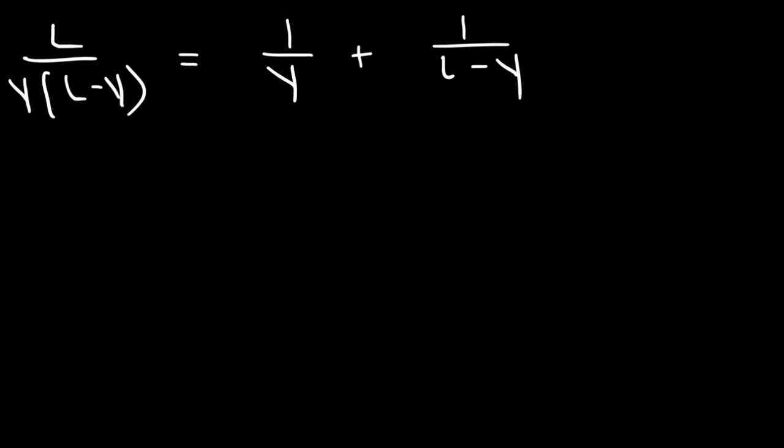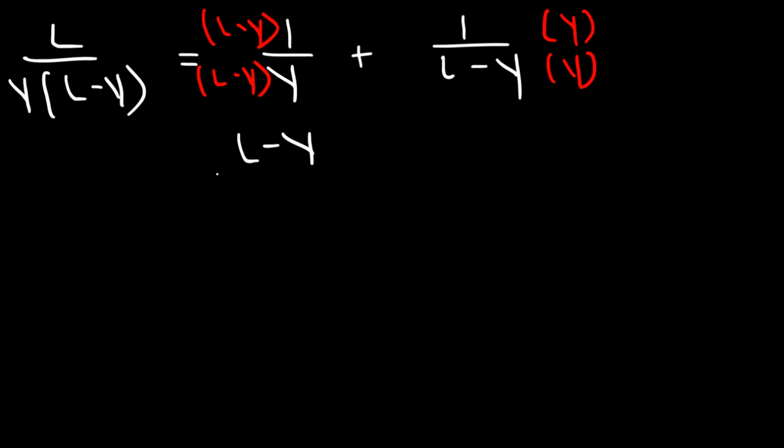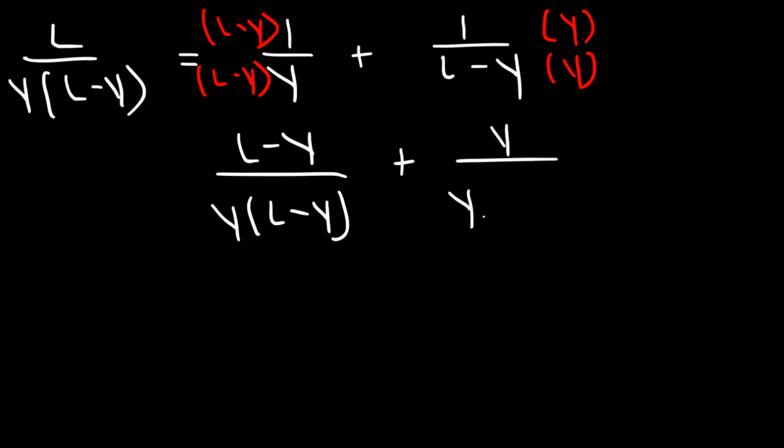If you combine the two fractions, let's say if you multiply this fraction by y and this one by L minus y, you should get what's on the left side. So this is going to be L minus y over y times L minus y. And over here, this is y times the same thing on the bottom.